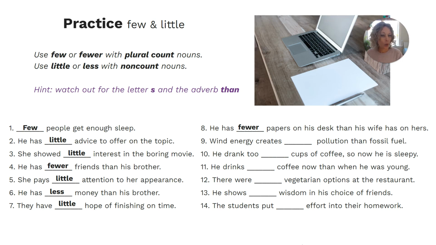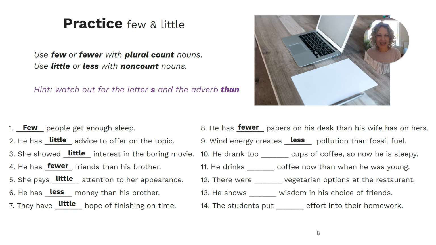Number 9, wind energy creates blank pollution than fossil fuel. So we've got another comparative there. We're comparing two energy sources, wind energy and fossil fuel. So that means when we're quantifying the noun, it needs to be comparative. So what we need in there is less. Wind energy creates less pollution than fossil fuel. Pollution is a non-count noun.